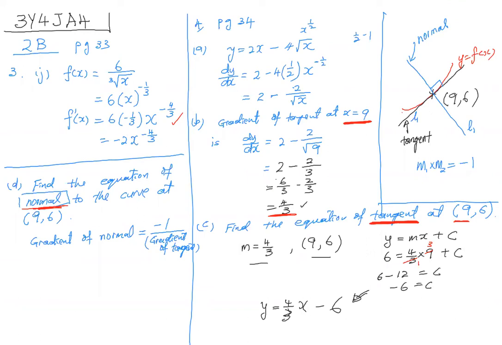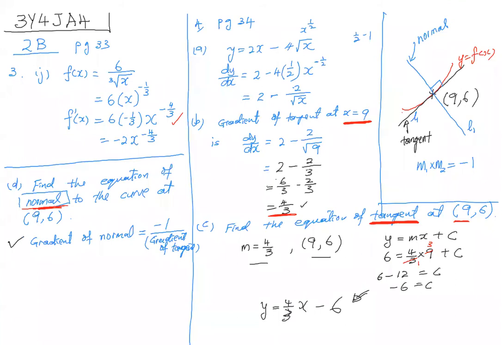Are you clear? So the moment you are asked to find the equation of normal, you do the same as tangent. First step, find the gradient function, find the gradient of tangent, then find the gradient of normal, then only sub into y equal to mx plus c. You have to do the extra step here. Clear?